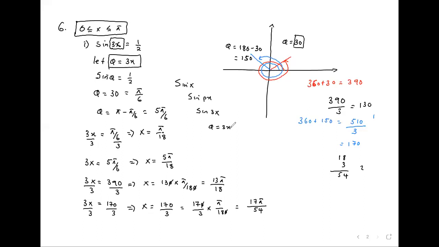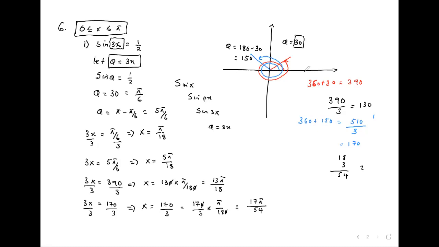So we get 390. When you get 390, you divide it by 3 for you to have x. So you're going to have 390 divided by 3, which is 130. We're also seeing a possibility that if we go beyond 360, all the way up to where 150 ends, we'll have 360 plus 150, which is 510. Divide 510 by 3 to form x.